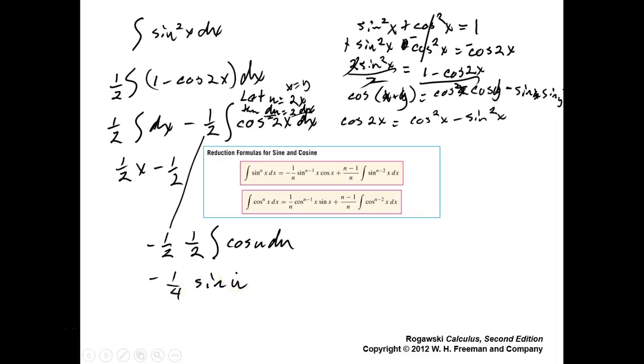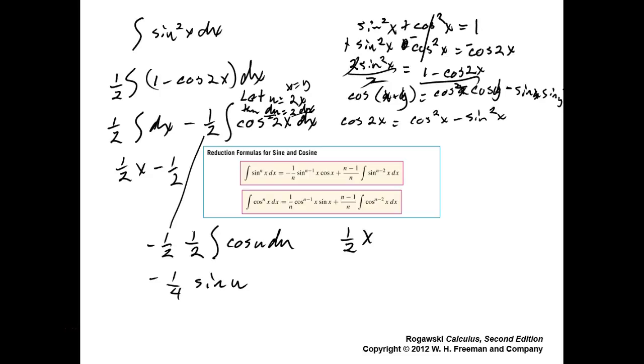Yeah, minus sine u. Okay, but u is 2x, so this comes out to 1/2 x minus 1/4 sine of 2x plus c.